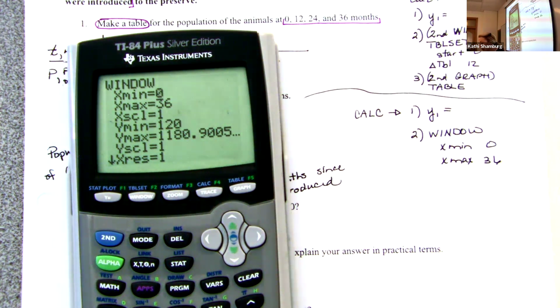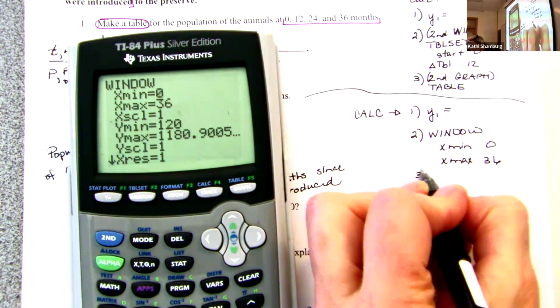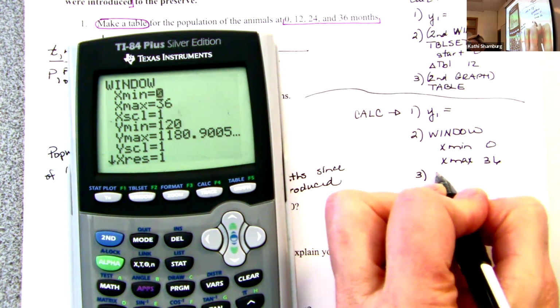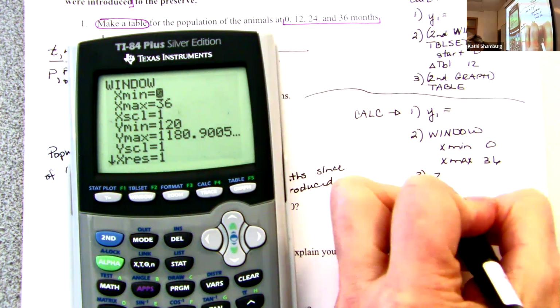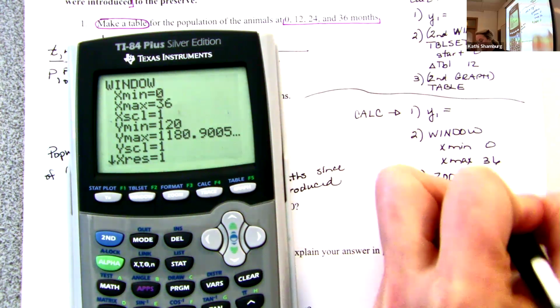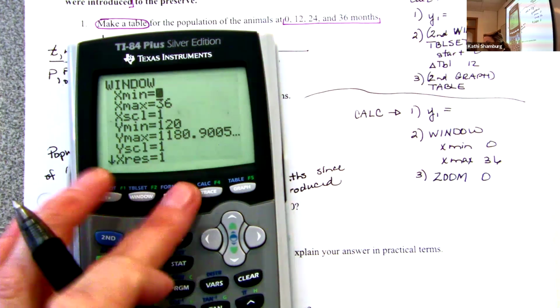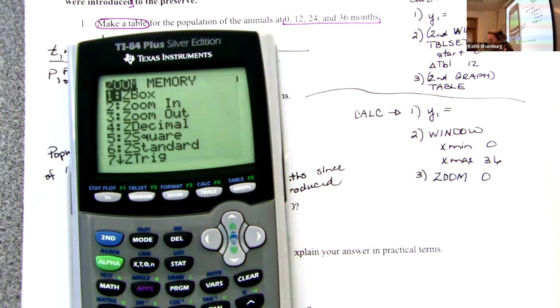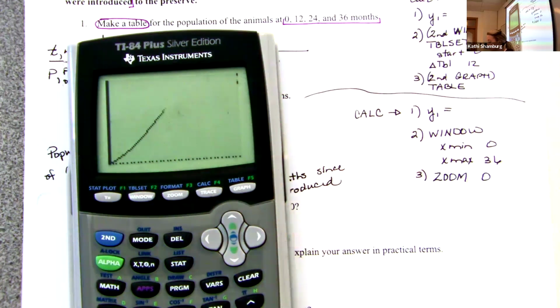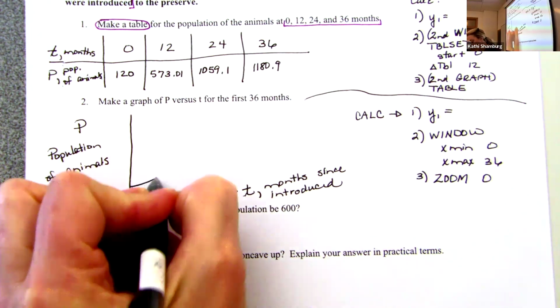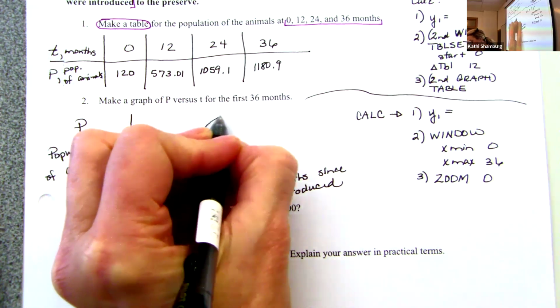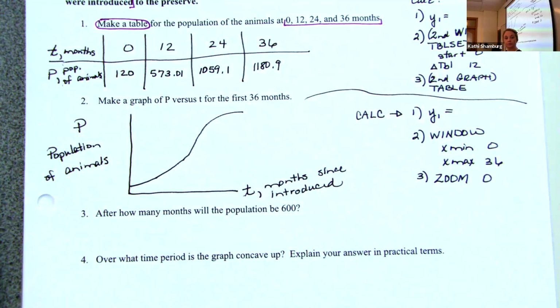No, mine's 37. And then what's the last step? Nope, Zoom 0. You can't hit graph until you've at least done zoom 0. And that will get us our graph. All right, so something like that-ish.